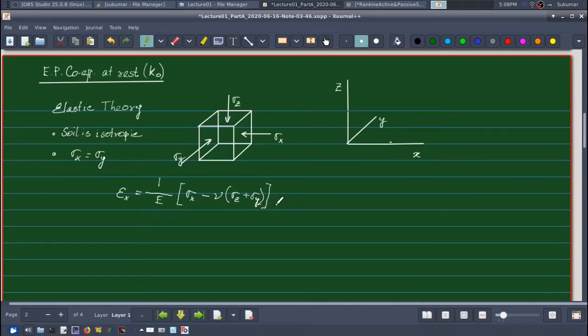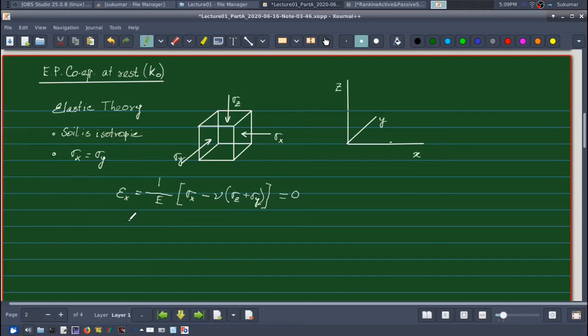So this is my total stress acting in x direction considering the Poisson's effect, that is the lateral deformation, and that stress divided by E gives me the strain, and I know that this is equal to 0.